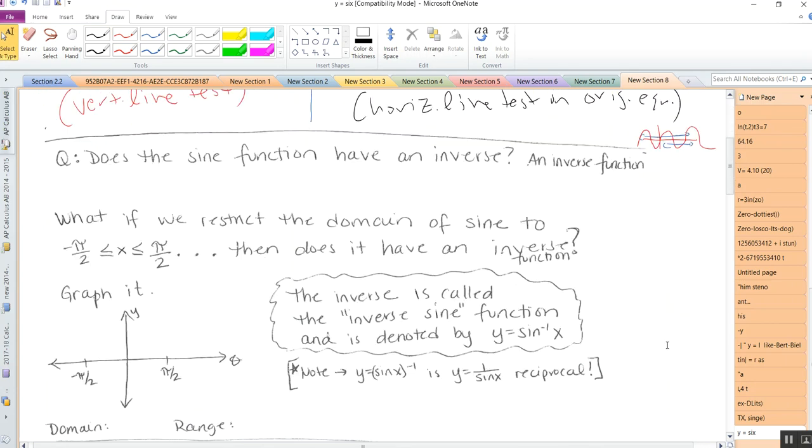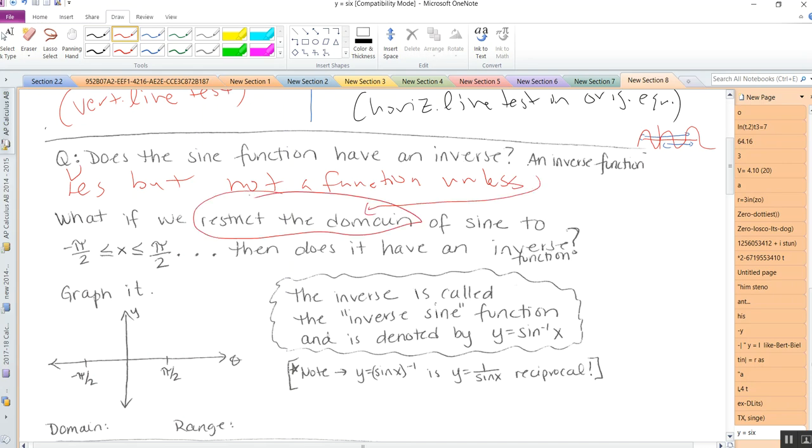So to answer this question, yes, sine does have an inverse, but not a function unless, and that's going to be next, we restrict the domain. So restricting the domain means you're not graphing the whole thing.